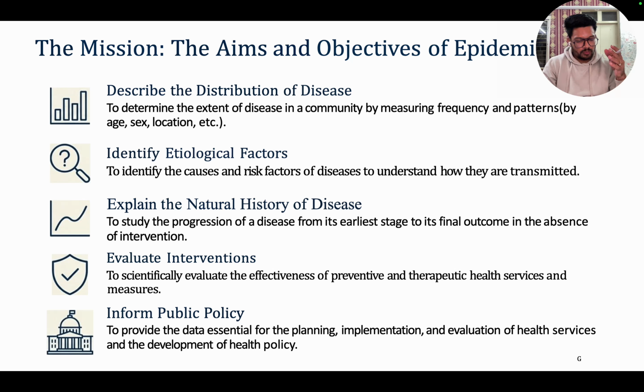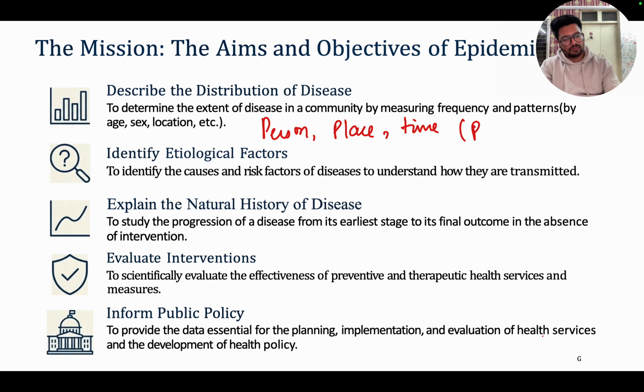Or better, in terms of person suffering, place where the disease happened, and time when the disease occurred. We can also say it is person, place, and time distribution. It is a part of descriptive epidemiology.